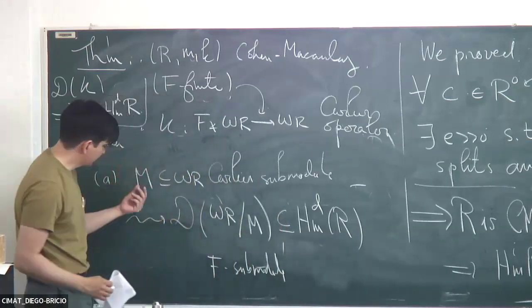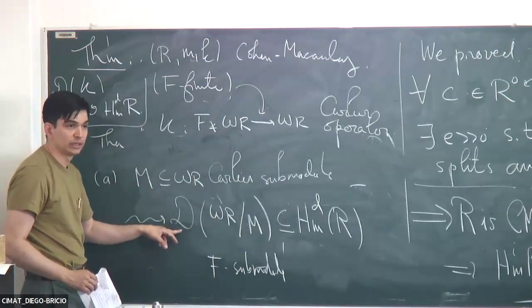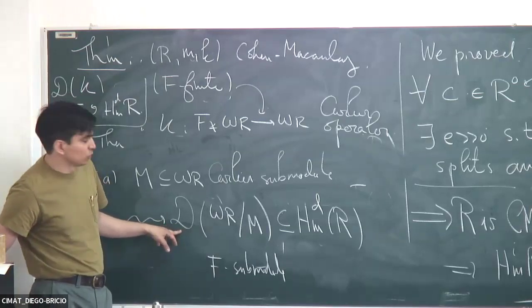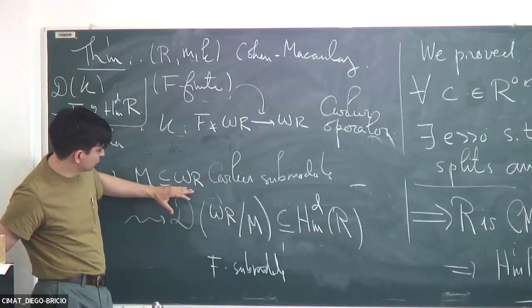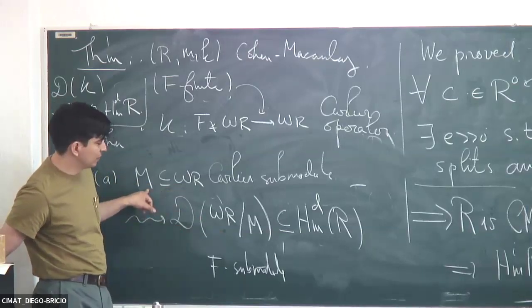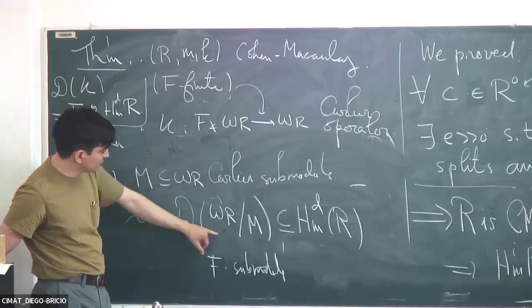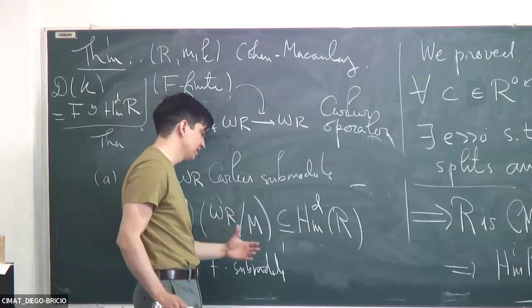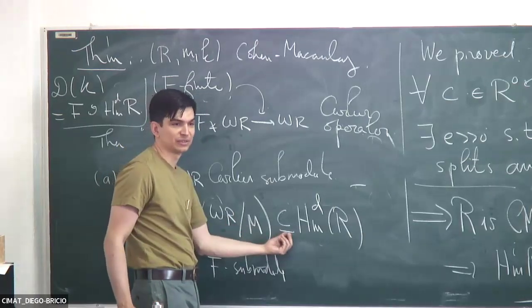So this is an F submodule. And so notice that the point is that matrix duality is a contravariant functor. So cokernels go to kernels. If I apply matrix duality to M, well, M is going to be the cokernel of this inclusion, right?